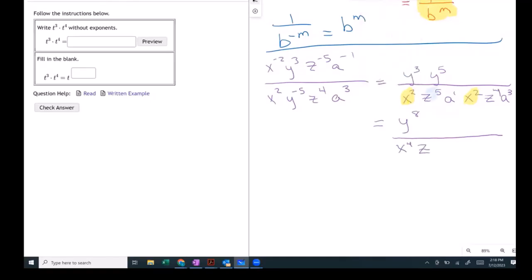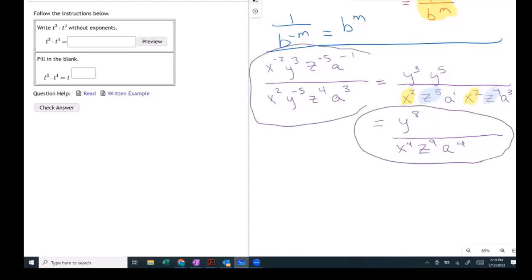We have z to the 5th times z to the 4th. That is z to the 9th. And then we have our a's. A to the 1st, I have 1 a, and then I have 3 more a's. That gives me a to the 4th. I have now simplified it from this really scary looking thing. Now everything's positive.